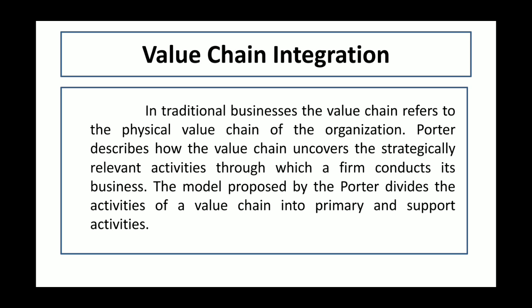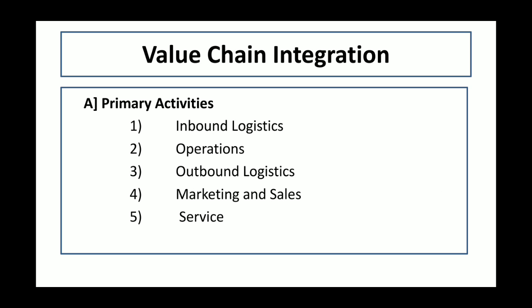That functioning will be divided into two categories: primary and support activities. In a value chain integration, the primary activities are, first one, inbound logistics, operations, outbound logistics, marketing and sales, and service.